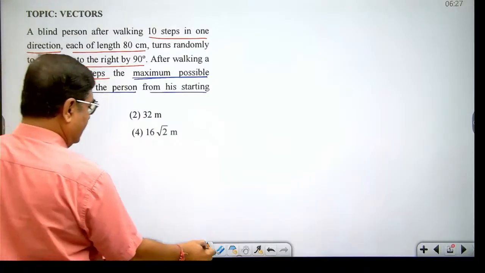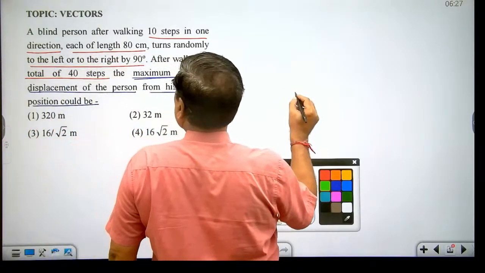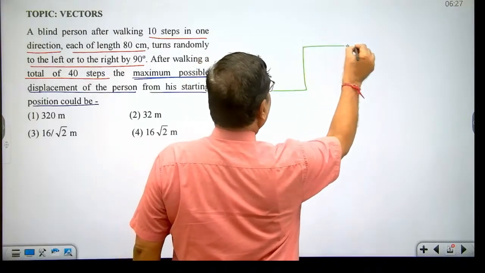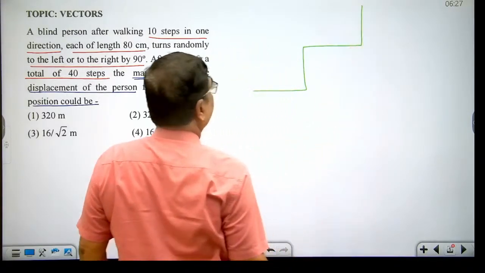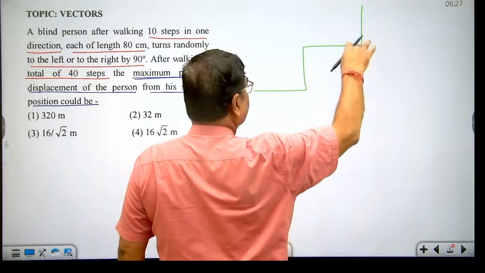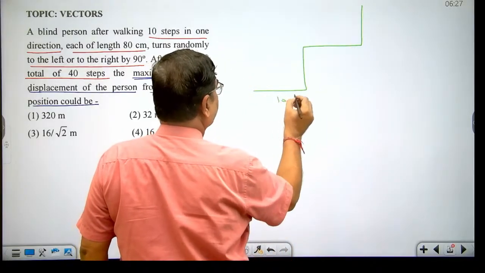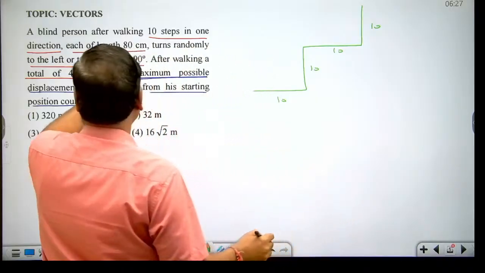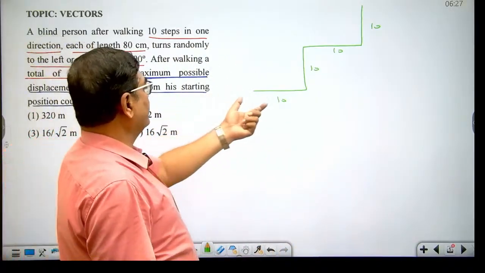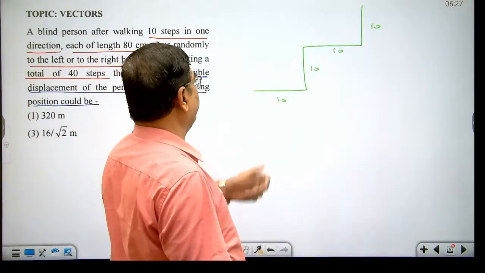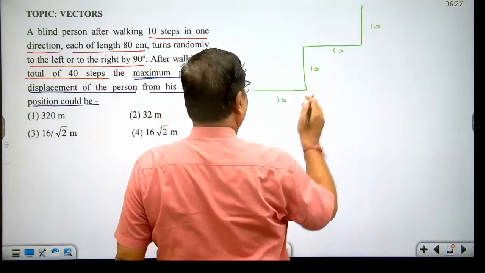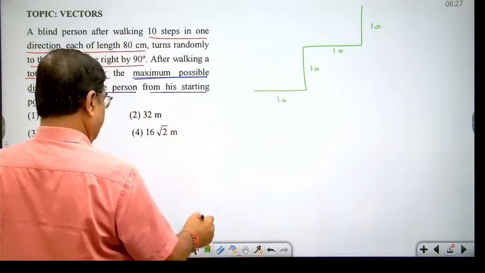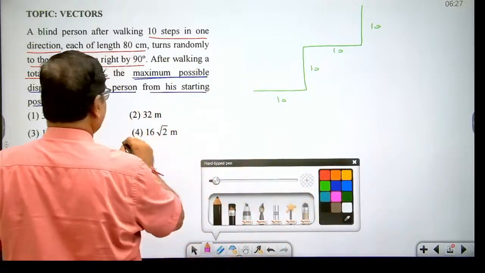So dear student, let's see. If the blind person makes 10 steps here, then 10 steps here, then 10 steps here, then 10 steps here. It will not come back here because otherwise displacement will decrease. Each step is 80 centimeters. So this is 800 centimeter, which means 8 meter, 8 meter, 8 meter, 8 meter, which means 16 meter in x direction and 16 meter in y direction. So this will become 16 root 2 because displacement is the shortest distance.